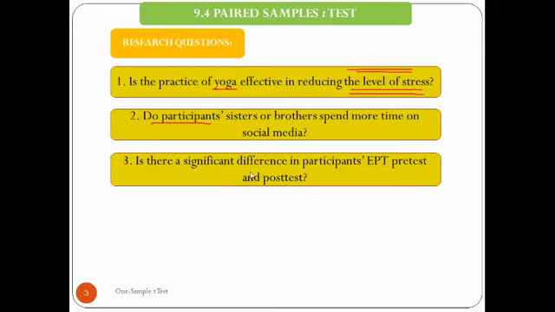Is there a significant difference in participants' EPT pre-test and post-test scores? So, ladies and gentlemen, this is very obvious. Again, it is very obvious that the same group of participants are approached twice by the researcher.